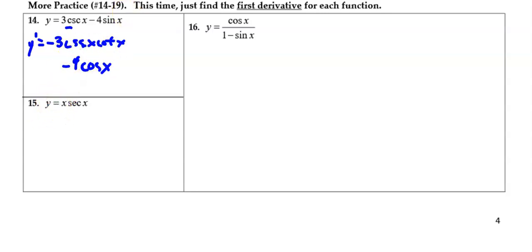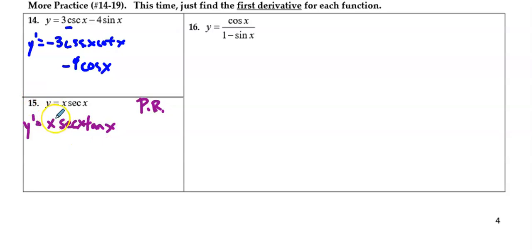For question number 15, this one is, again, a product rule question. So for this problem, we're going to do y prime, and the more you practice, the better you're going to get at it. It's going to be the first times the derivative of the second. Well, the derivative of secant is just secant x tangent x.